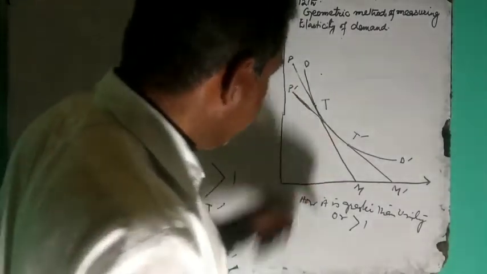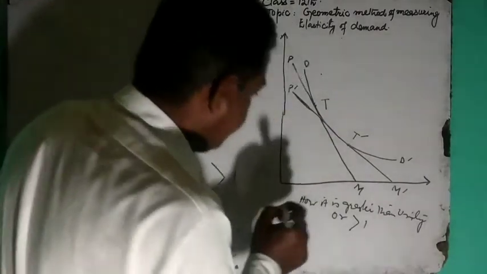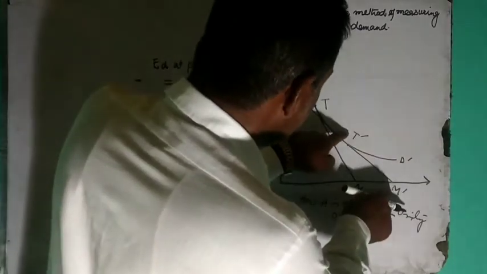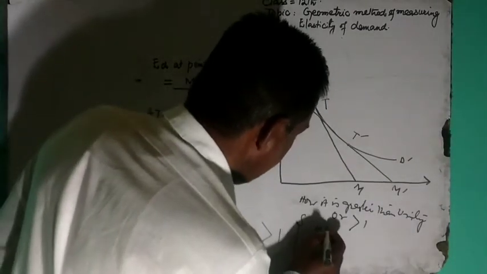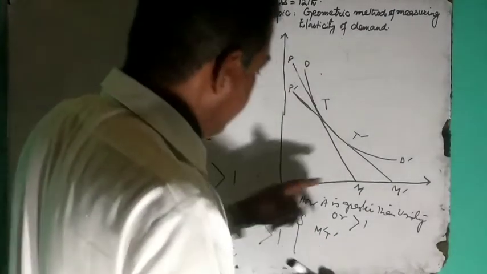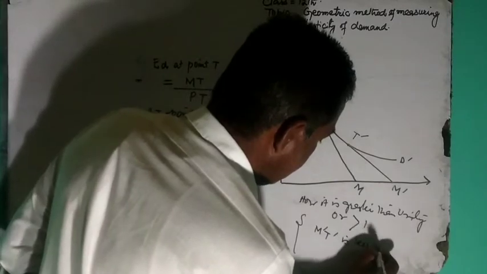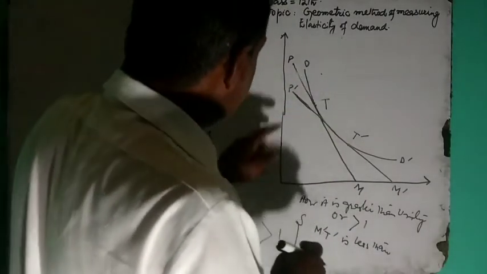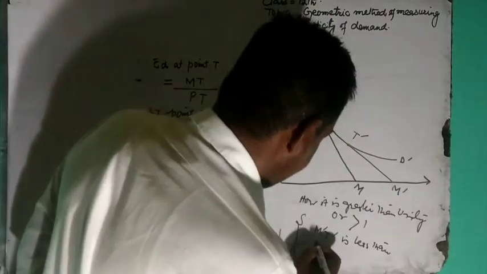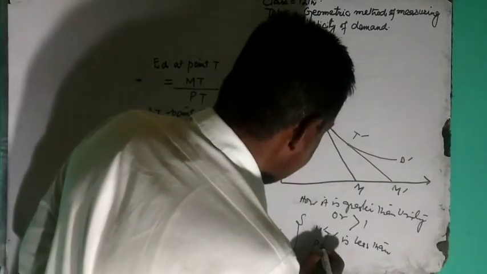We see that the distance M dash T dash is less than the distance P dash T dash.